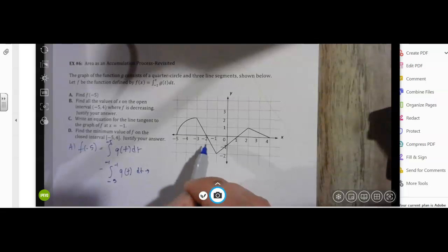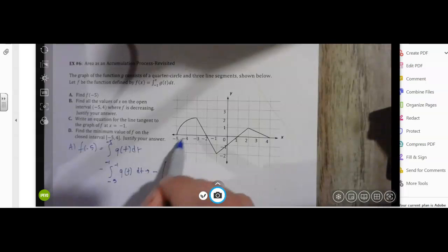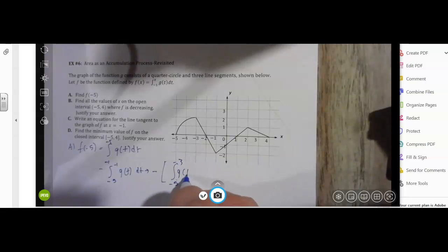We have to split that up right at -3. So the integral from -5 to -3. That's where our quarter circle stops, and I have two triangles right here, just a convenient way to do it, because we can compute this area geometrically.